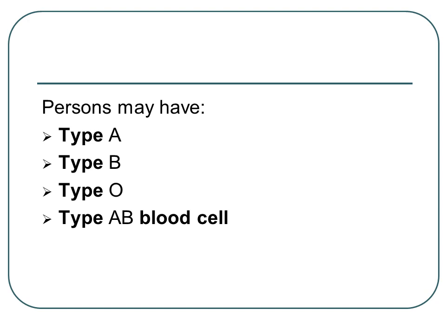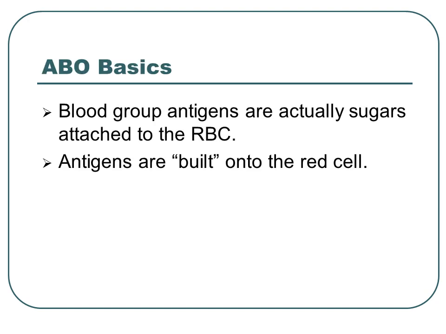Persons may have type A, type B, type O, or type AB blood cells. The blood group antigens are actually sugars attached to the RBC.